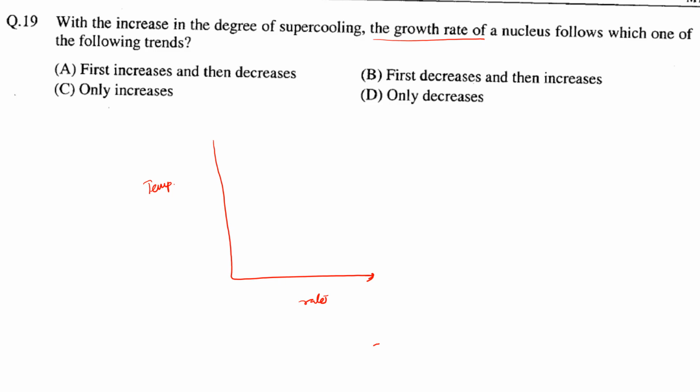So what happens? All the growth or nucleation happens below this melting point, right? So suppose this is your melting point. So what happens at melting point? There is no formation of any nuclei.